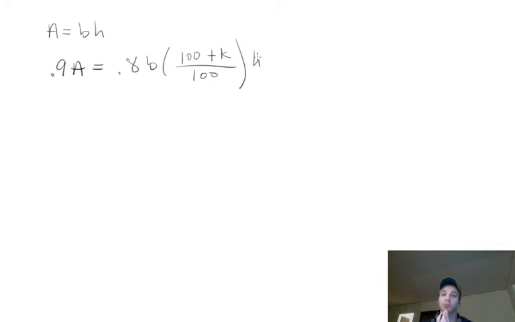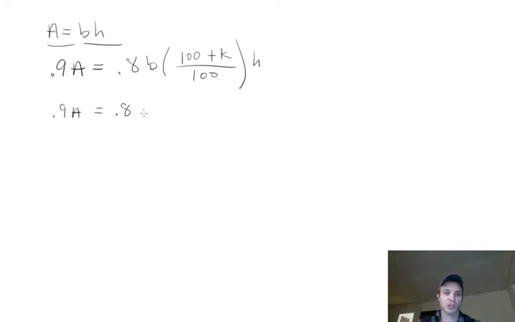Now, this part is going to be tricky. If you're not super comfortable with your algebra, you wouldn't see that there's this b and h here. What is b times h? B times h is a. So I can just switch by the commutative property. I can switch this b and everything in parentheses.